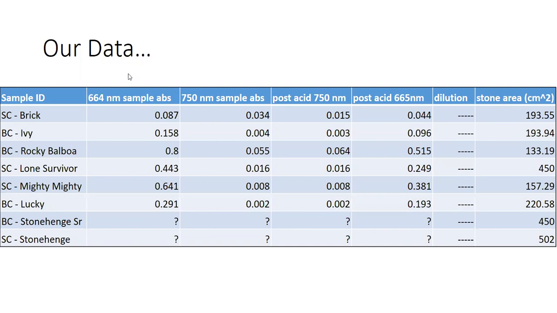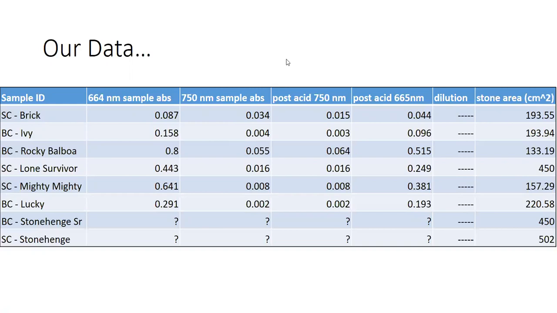So if you remember, we measured sample absorbance on the spectrophotometer at 664 nanometers, which is the wavelength in the spectrum that chlorophyll absorbs. Then we dialed it up to 750 nanometers and measured absorbance there.